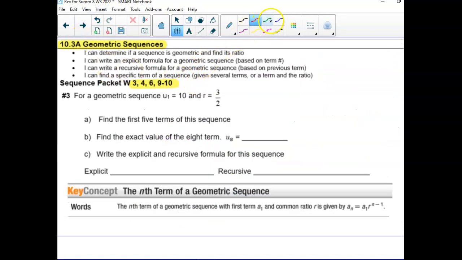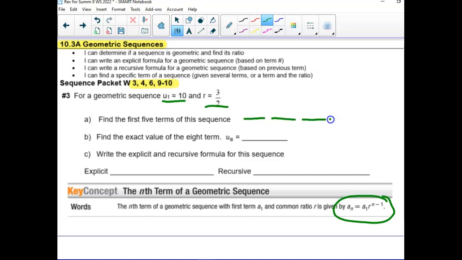All right, geometric sequences, remember this is the form a sub 1 times some r ratio n minus 1 times. So the question says, for the geometric sequence starting with 10, with an r value of 3/2, find the first 5 terms. Anybody?